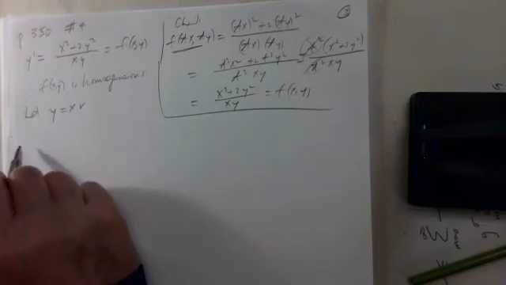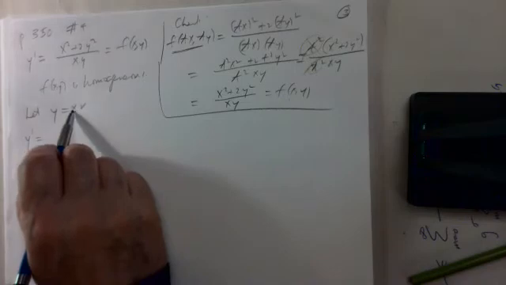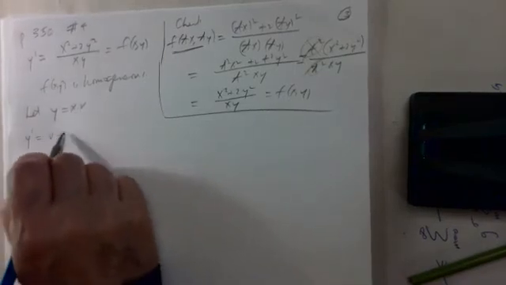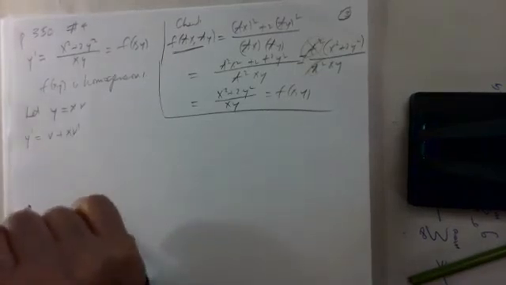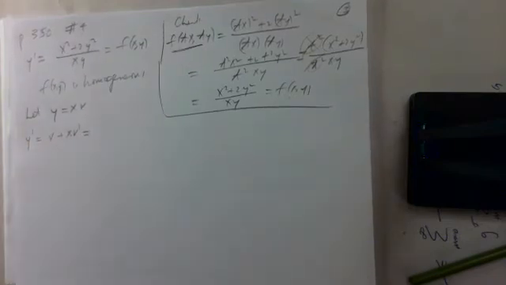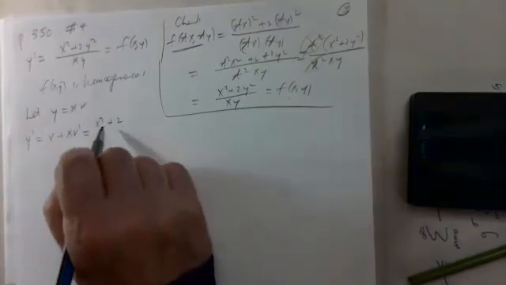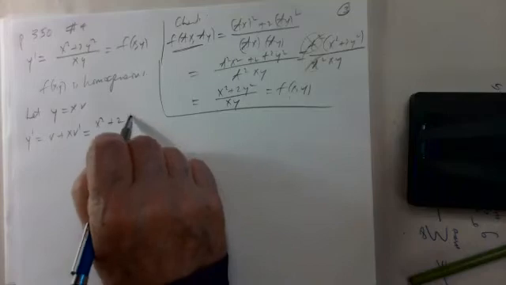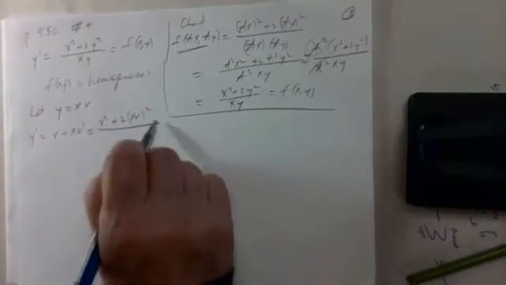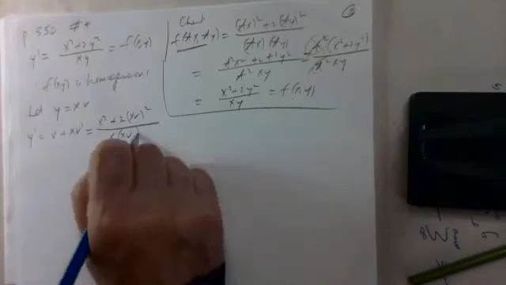And in that case, y prime, which is the derivative of x times v, is 1 times v plus x times the derivative of v, and that is going to be equal to what?